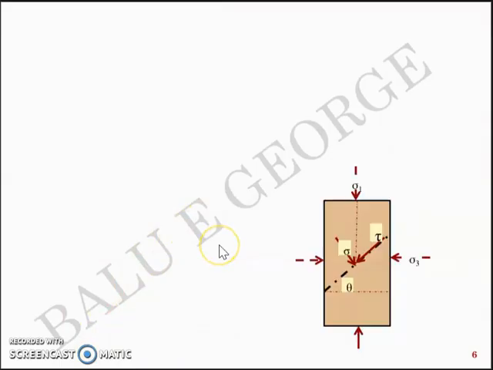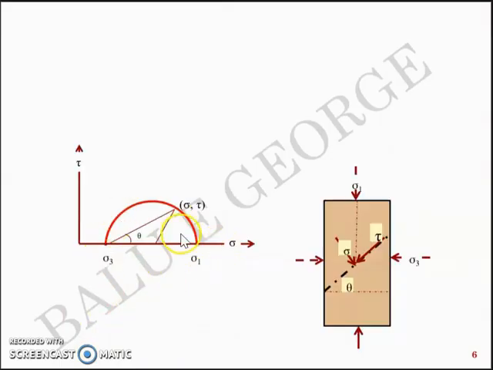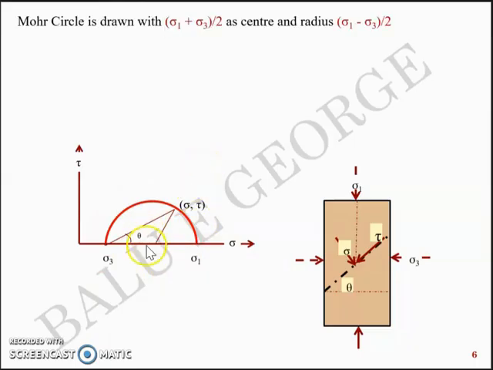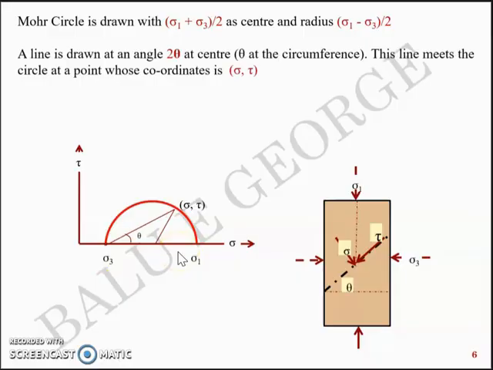So in short, the Mohr circle is drawn with (sigma 1 plus sigma 3)/2 as the center and (sigma 1 minus sigma 3)/2 as the radius. And a line is drawn at an angle 2 theta at the center or theta at the circumference, and this line will meet the circle at a point at the circumference whose coordinate is sigma and tau.